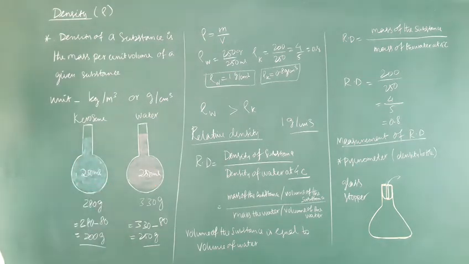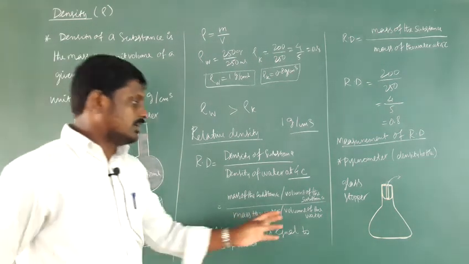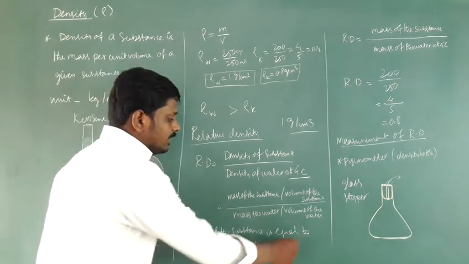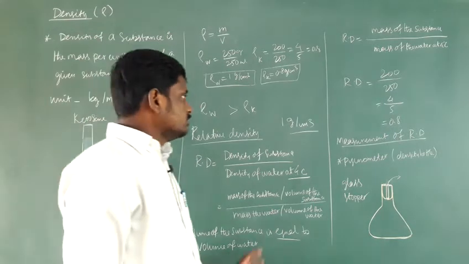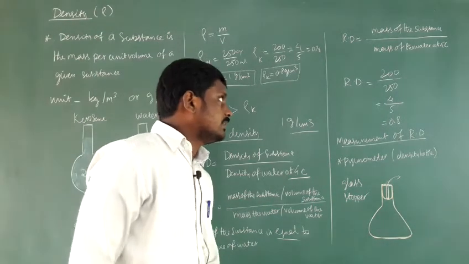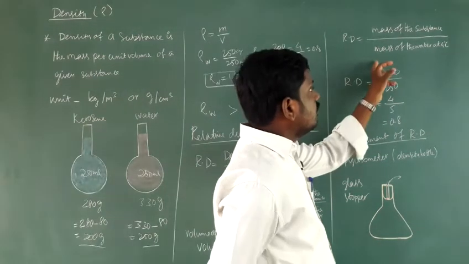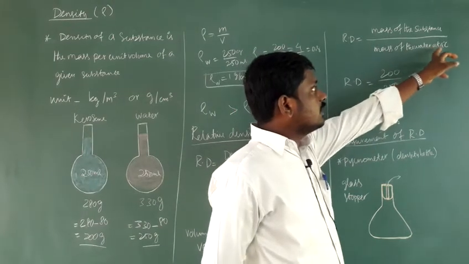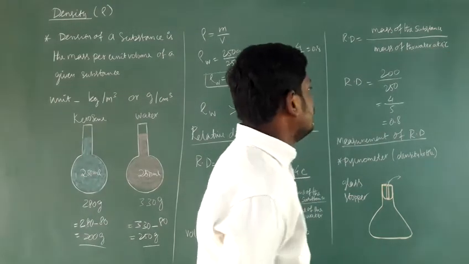So we cancel it. Finally you get the mass of a certain amount of substance divided by the mass of an equal volume of water at 4 degrees Celsius. This is the relative density.